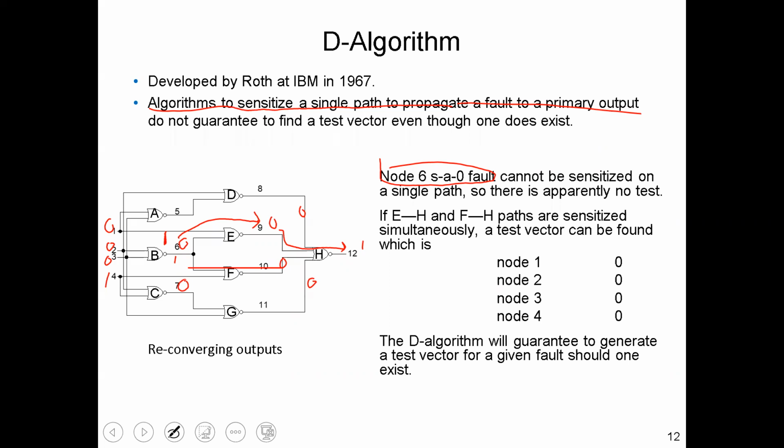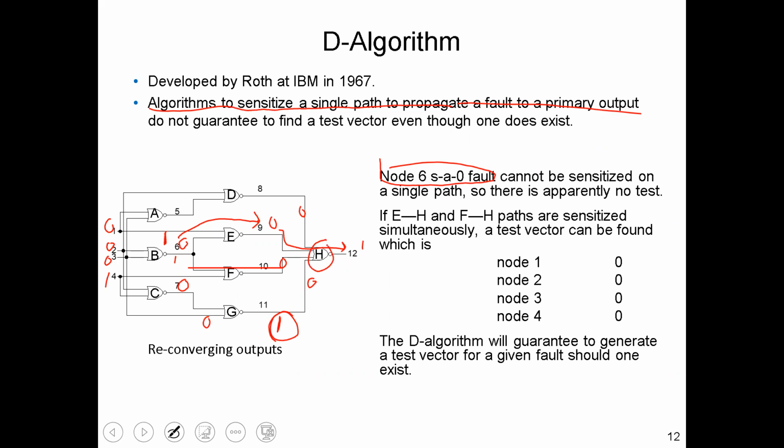And let's consider gate G. The other inputs connect to node 3, input 3. So it's 0, 0 input. It produces an output 1.